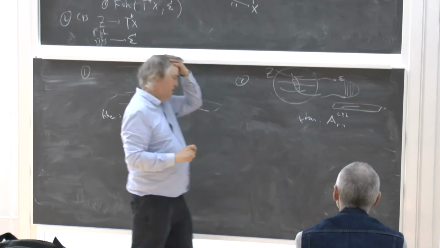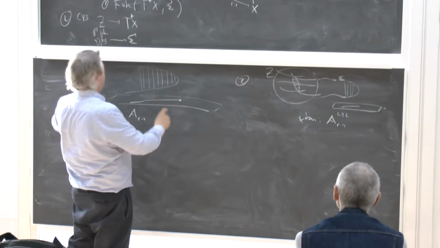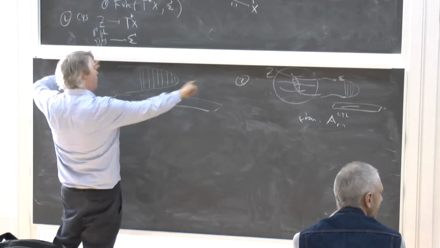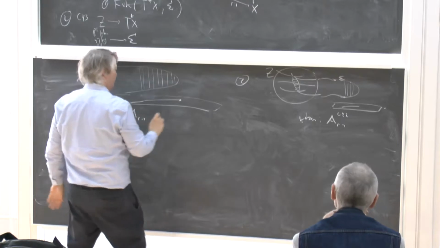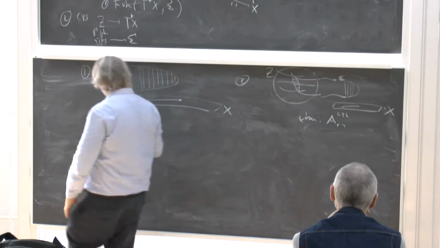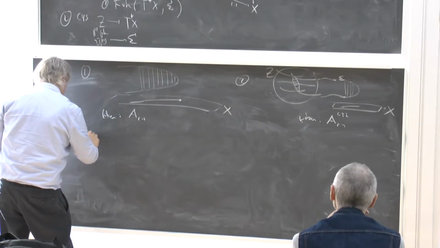The fibers of what? So we have this geometric picture of a fibration over the base X, which is reflected by some kind of sheaf of categories in quotes.